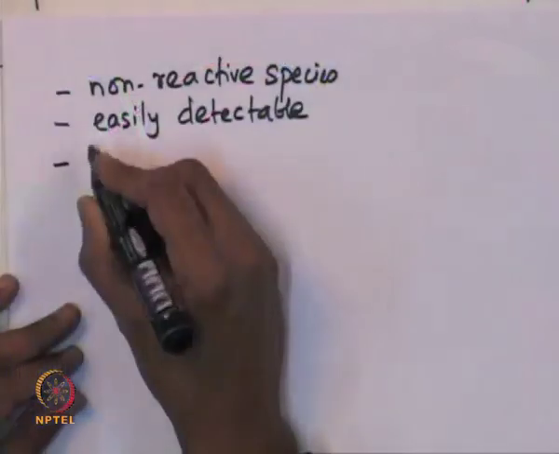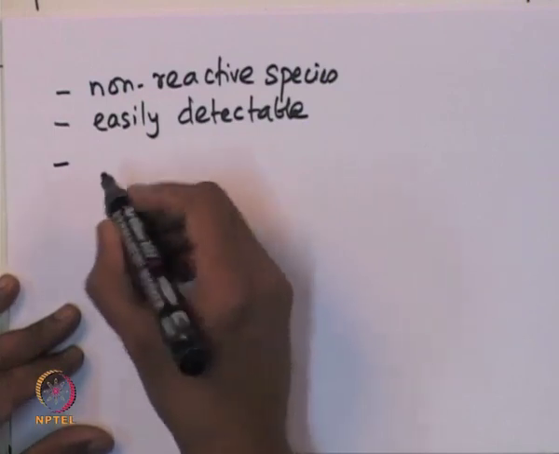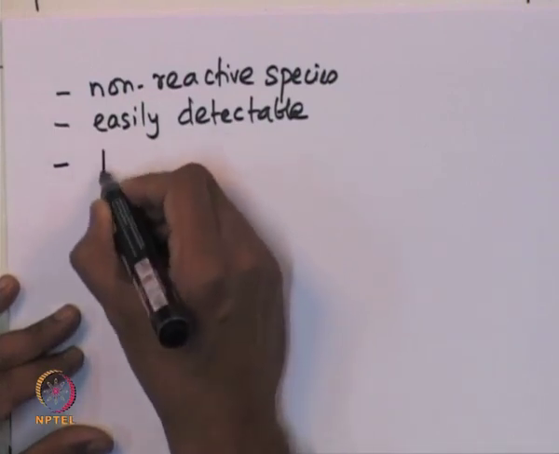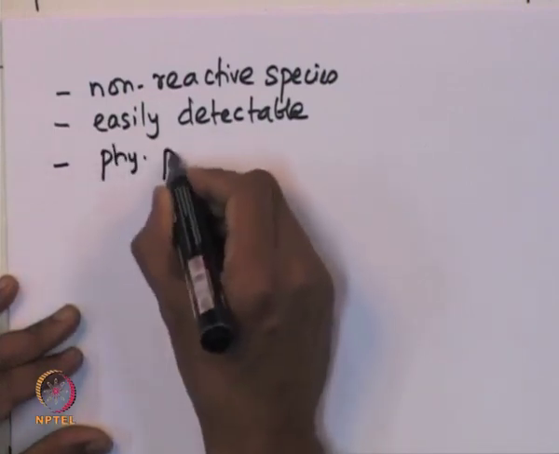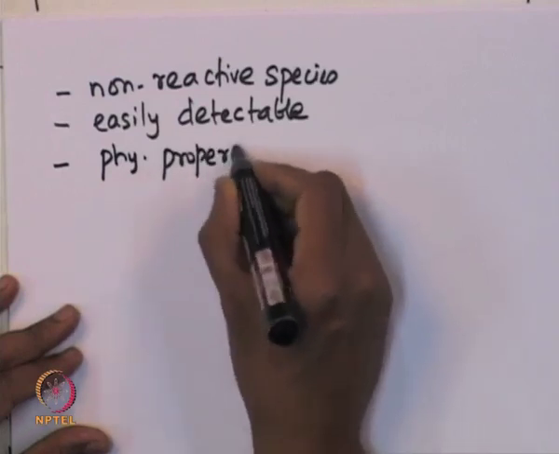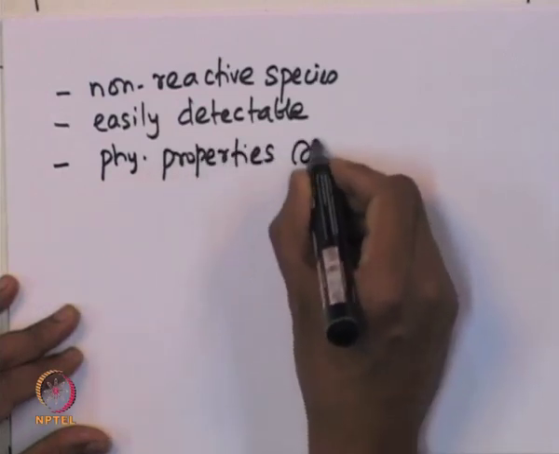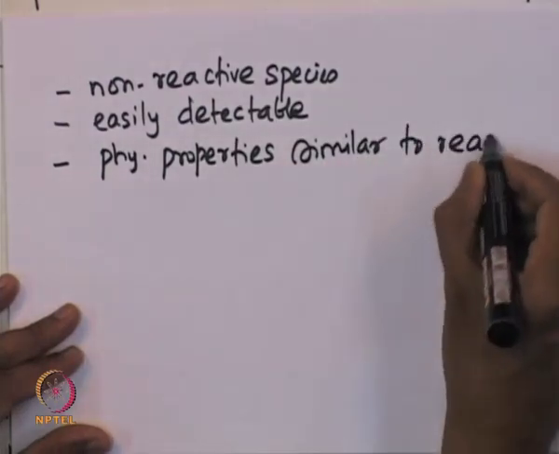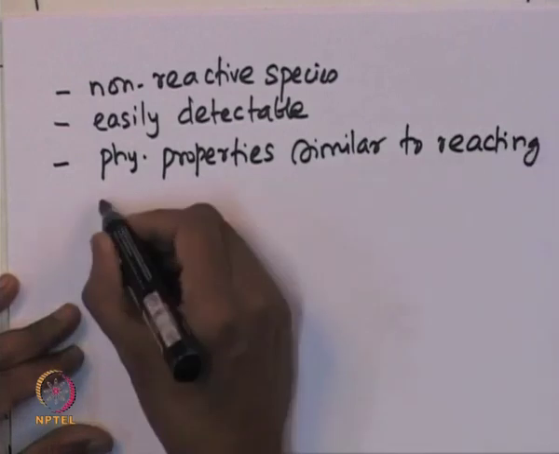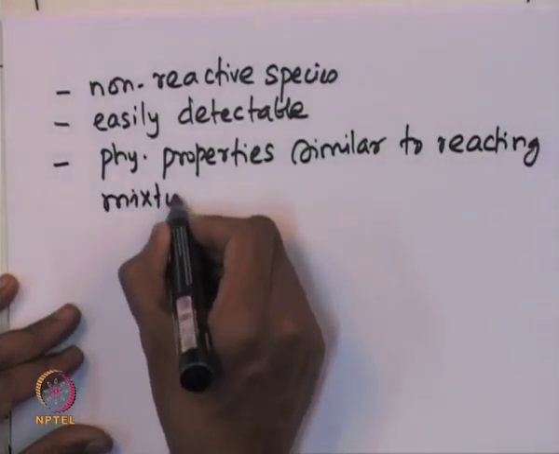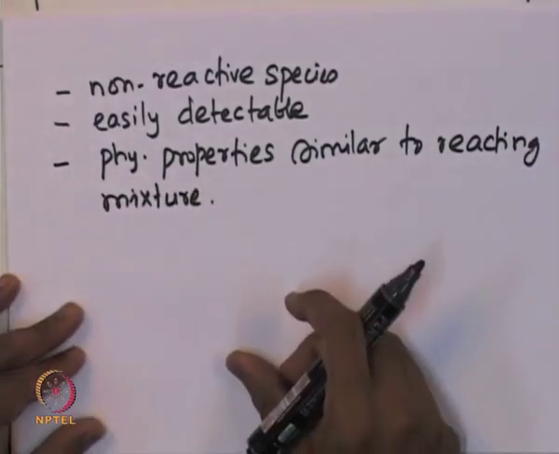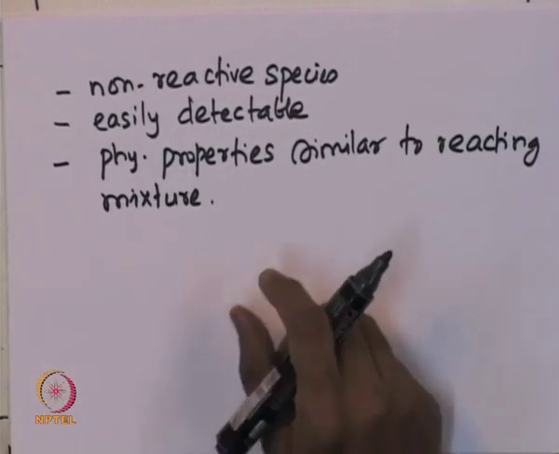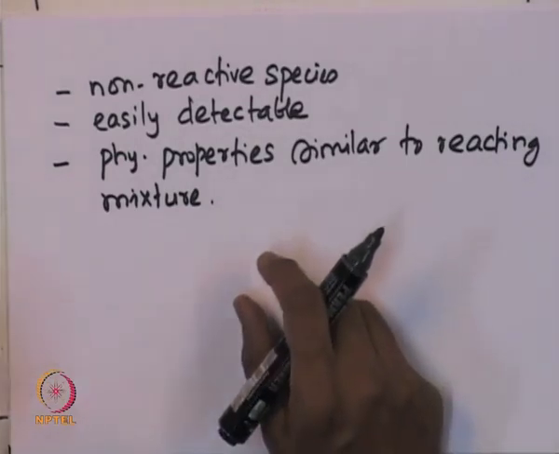The physical properties should also be similar to those of the reacting mixture. If the physical properties are not similar, then it does not reflect the exact flow behavior of the reacting mixture, which is of interest to study.